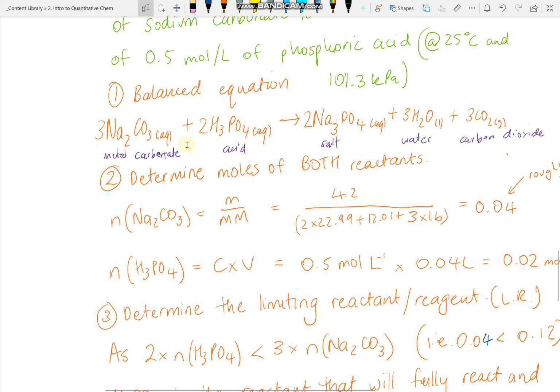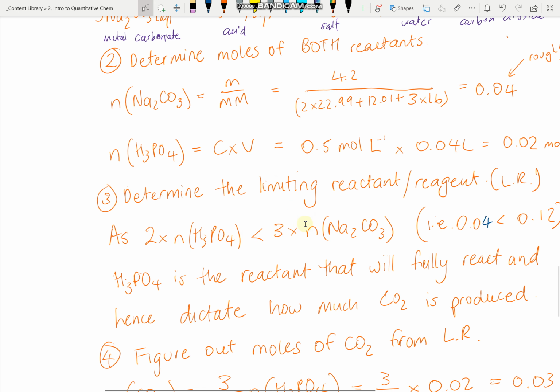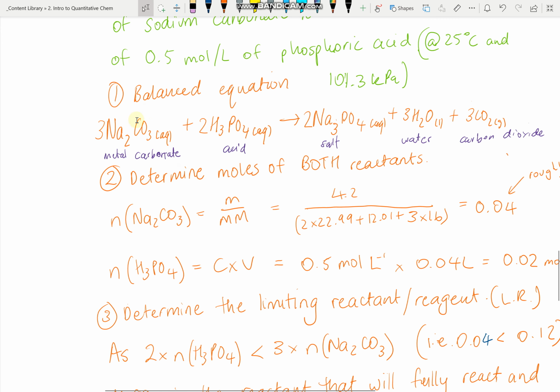And that's how much of the sodium carbonate is needed to react with all of this. So if they react in a 2-3 ratio, I would need 0.03 of him. I have 0.04 of him. And so because that's less, I know phosphoric acid is my limiting reagent. It's the one that's going to fully react. He's not going to fully react.